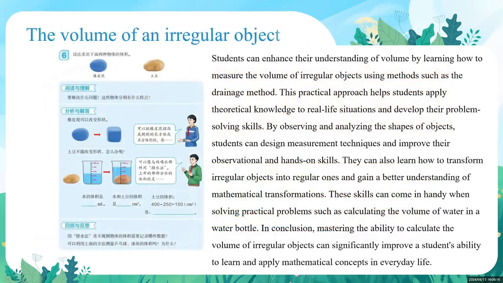Next, let's look at the object of our study. This part of the content is from the 2nd semester of the 5th grade primary school curriculum in mainland China. At this time, the students have just learned the volume calculation of cubes and cuboids, but not yet the knowledge of irregular objects.